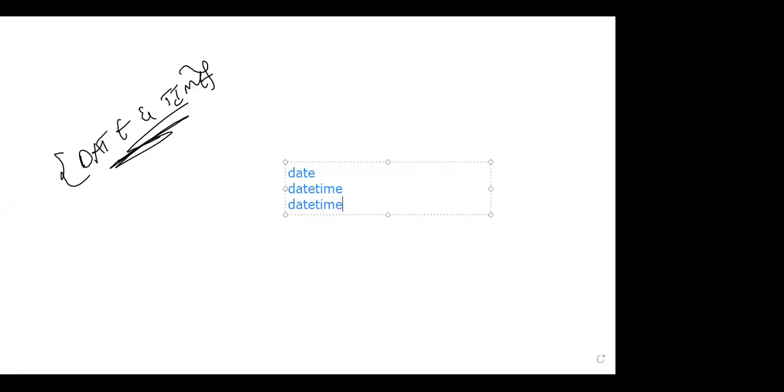Write down: date, smalldatetime, datetime, datetime2, and then we have one more called time. But we don't store time alone at any cost.